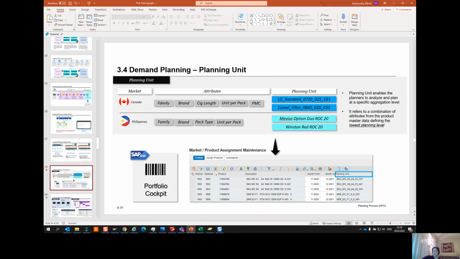All these attributes combined make a specific product like LD standard, Camel Filter, and so on. Every specific product which we sell is maintained in the system as a planning unit, and demand planners, first of all, need to maintain all of them in the portfolio cockpit.